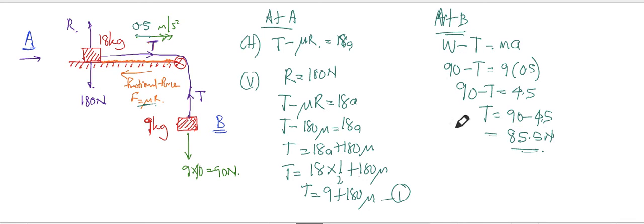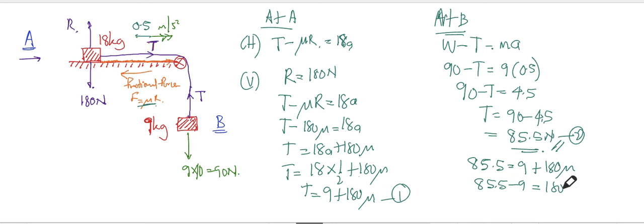Next, I've got that. I still have one more thing to find, which is mu. To find mu, I just have to take these values and substitute into equation 1. Let's say it's equation 2 into 1. So 85.5 equals 9 plus 180 mu. So 85.5 minus 9 equals 180 mu.